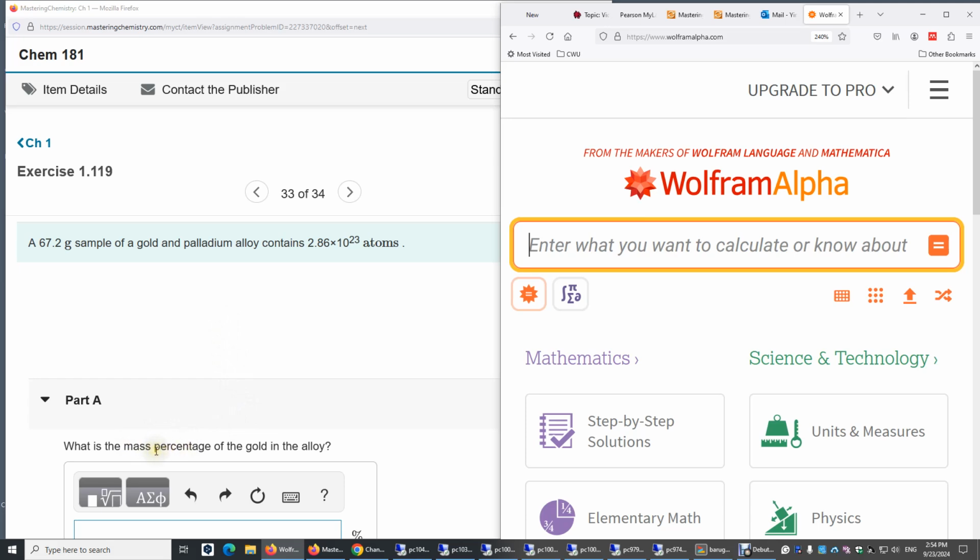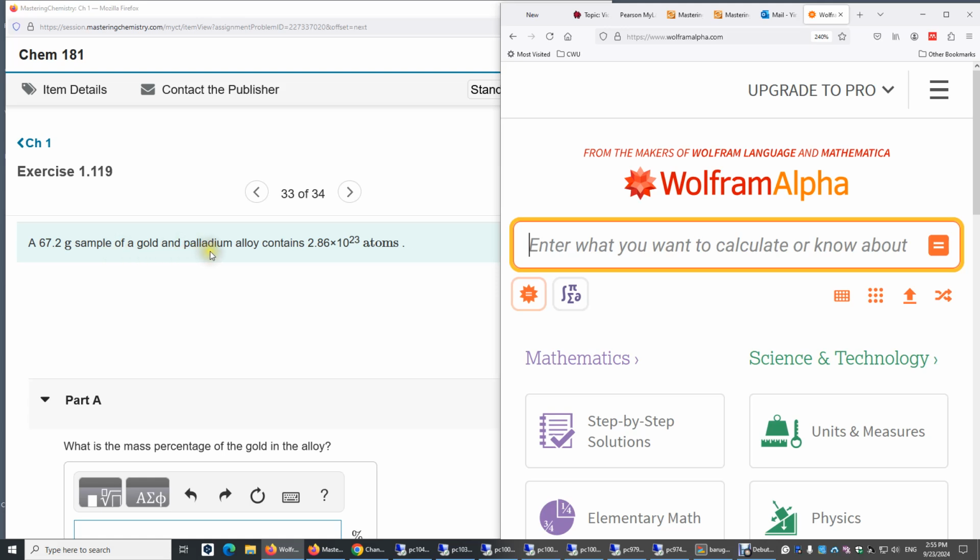So we're going to use X to denote the mass percentage of the gold. And therefore, the mass percentage of palladium must be 1 minus X. Given these two expressions of mass percentage, we can have the expression of the mass of the gold and the mass of palladium.